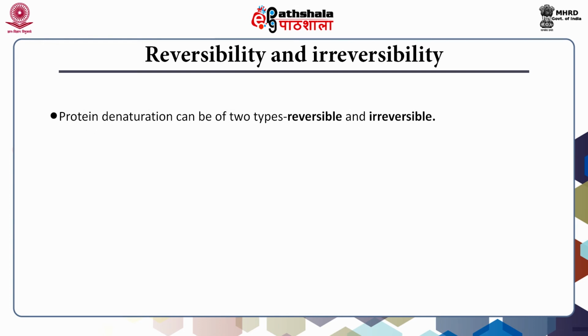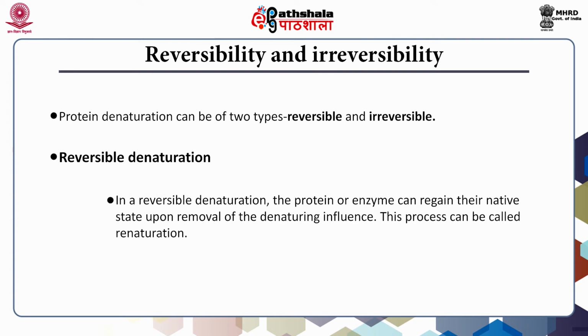In this slide, we will look at the process of reversibility and irreversibility of enzyme denaturation. Reversible denaturation. When we say that denaturation is reversible, we mean that even after denaturation, the protein or enzyme can regain its native state upon removal of the denaturing influence.